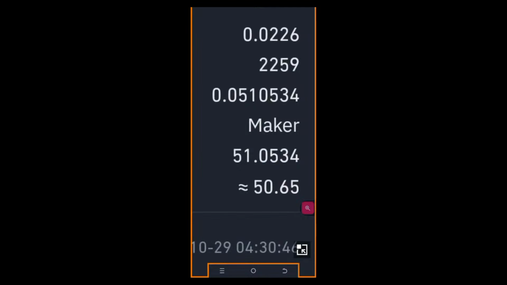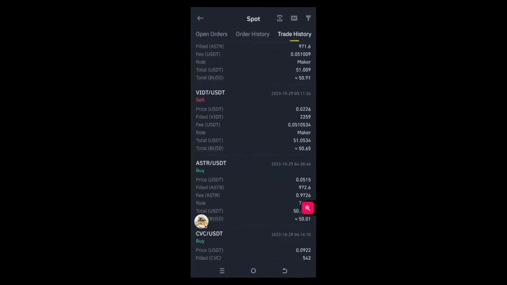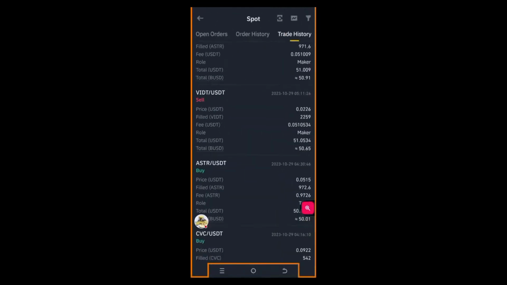Now removing the fees, that's about 5 cents less. That means we made $1, which is beautiful. That's 2%. Our 2% target was met and crushed, and we executed beautifully. That's VIDT USDT. Beautiful.